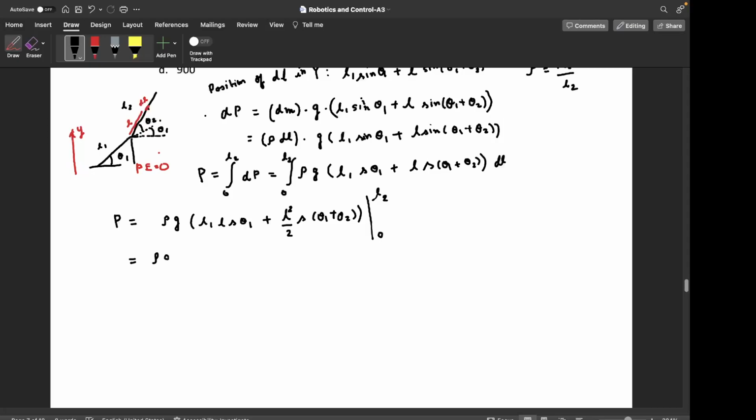So this will be rho g, L1 L2 sin theta 1 plus L2 square sin theta 1 plus theta 2, right?